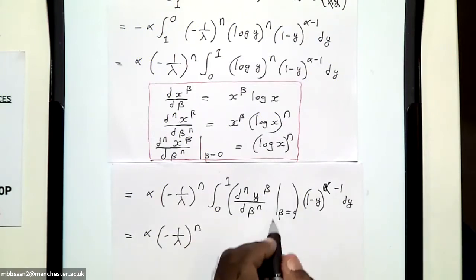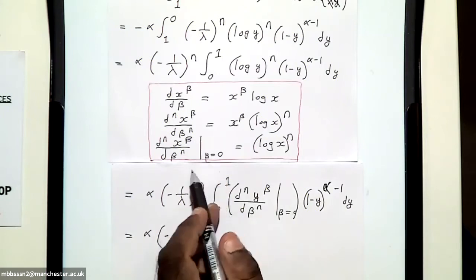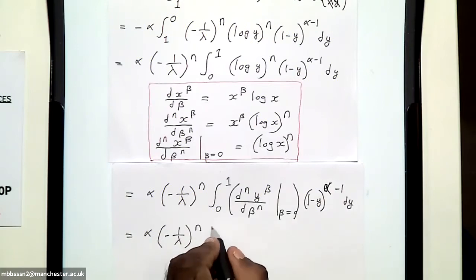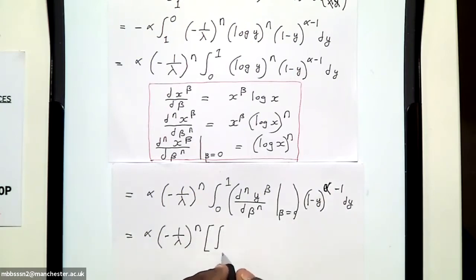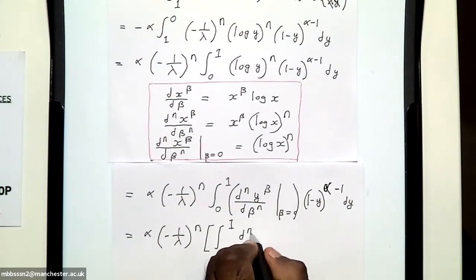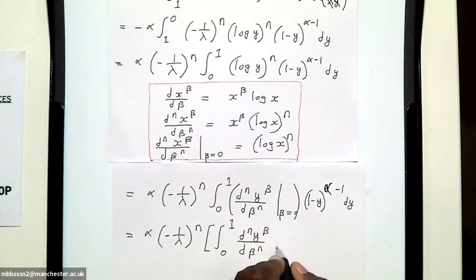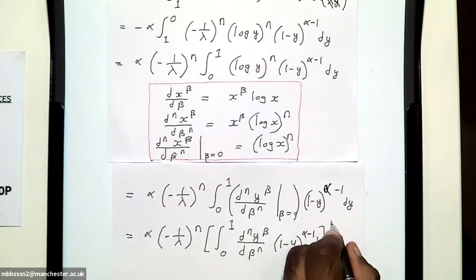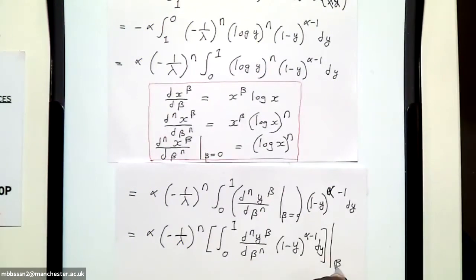Now I'm going to take this, what this means at beta equal to 0. So I'm going to put the sign beta equal to 0 outside of the integral.